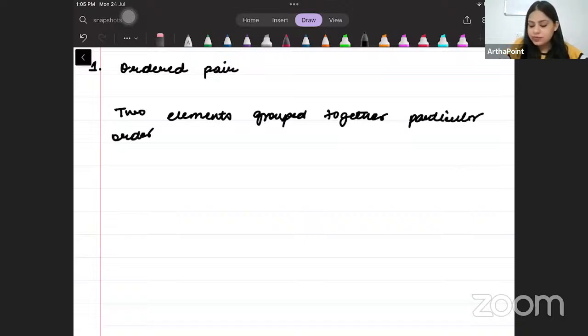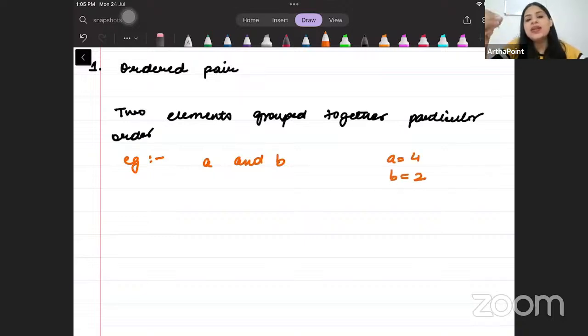Take an example. Let's say that I have two elements A, B. ये A, B कुछ भी हो सकते हैं. A can be equal to 4, B can be equal to 2. A and B are any two elements. Then, beta, A comma B represents an ordered pair. ठीक है जी?